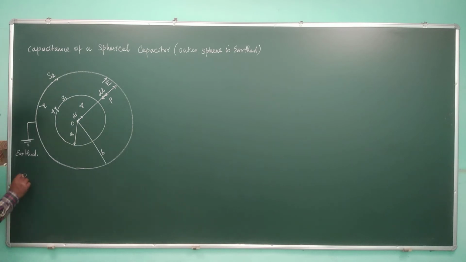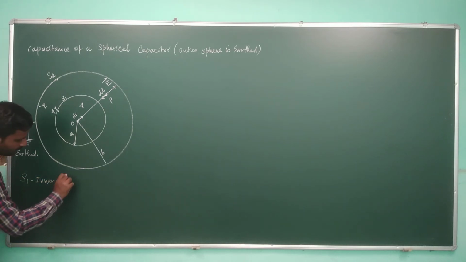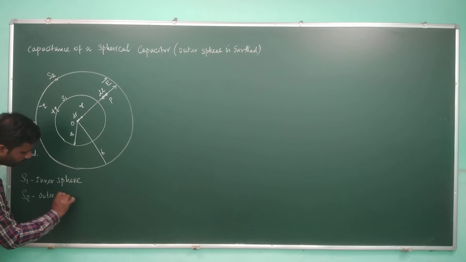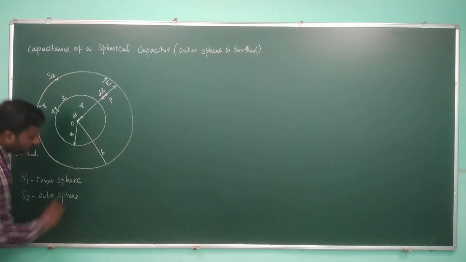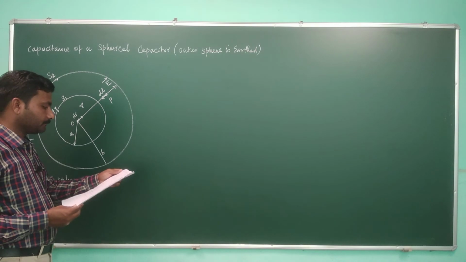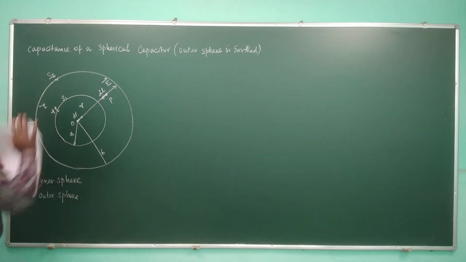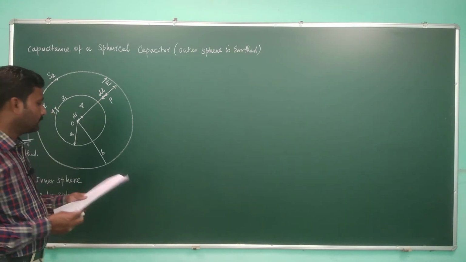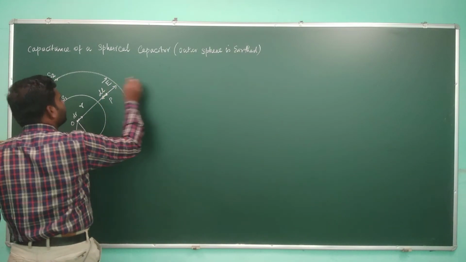Here S1 is the inner sphere, S2 is the outer sphere, with the common center. So this is the situation. For this case, now we can write the electric field E.